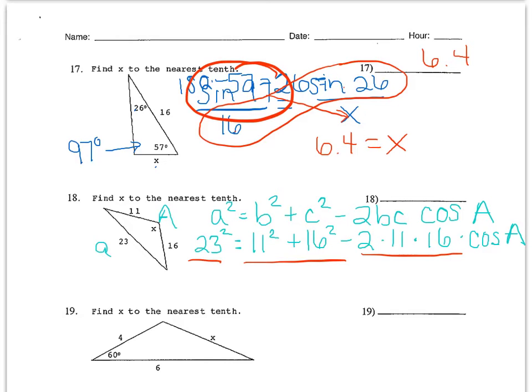Okay, 23 squared, I end up with 529. 11 squared plus 16 squared, I end up with 377. And 2 times 11 times 16, I end up with 352.